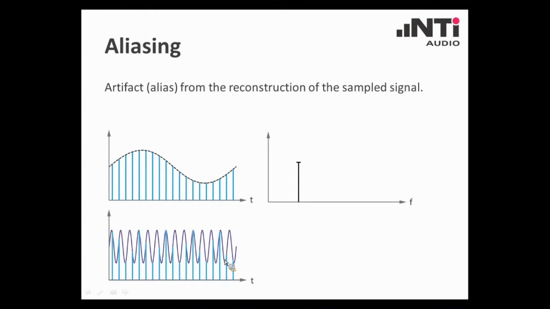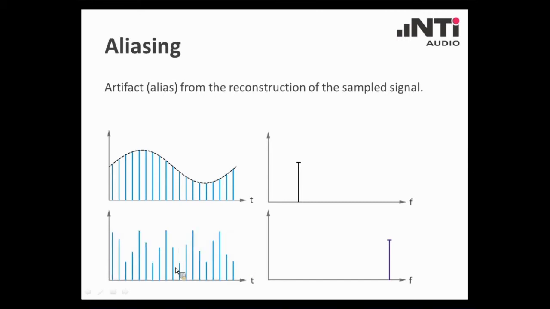Now you would assume that the reconstruction should result in a bin that looks like that, a much higher frequency compared to this sine wave with the same level. But what in reality happens is that the analyzer has a reduced number of samples compared to the frequency of this input signal.